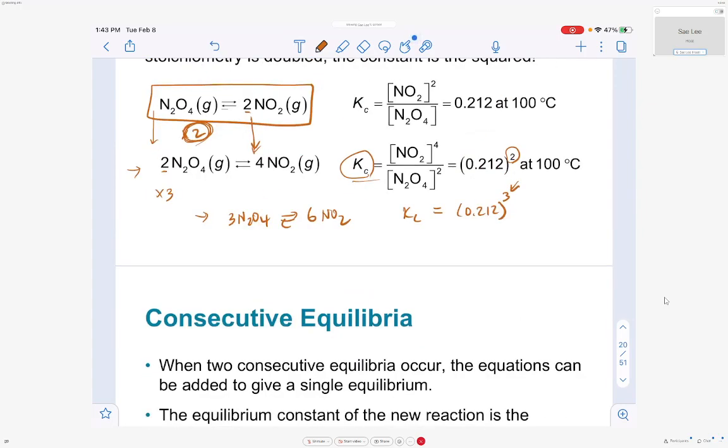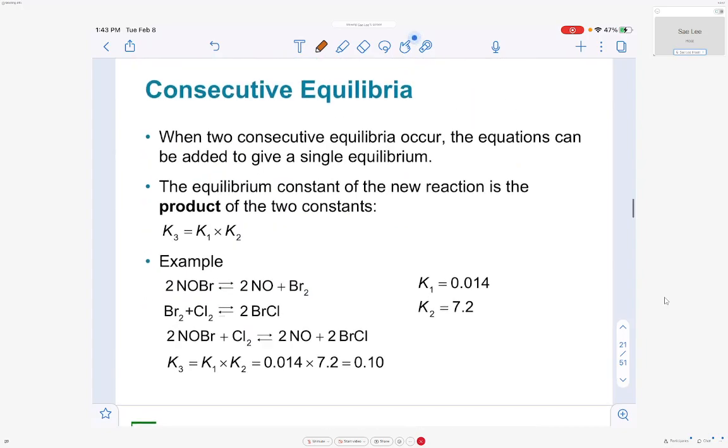And here's another situation. Here's a situation where you know the equilibrium constant for each elementary step, and you have to find the overall reaction's equilibrium constant.